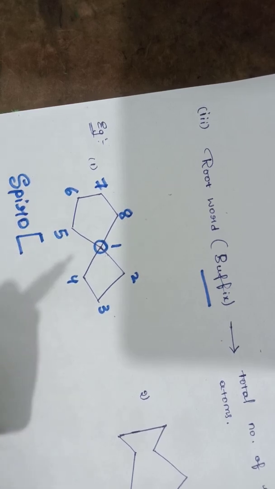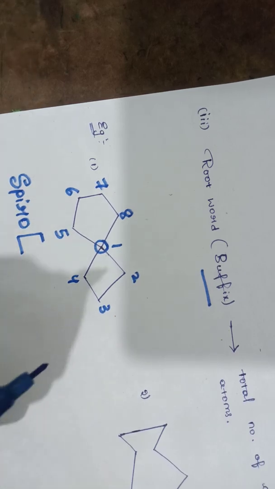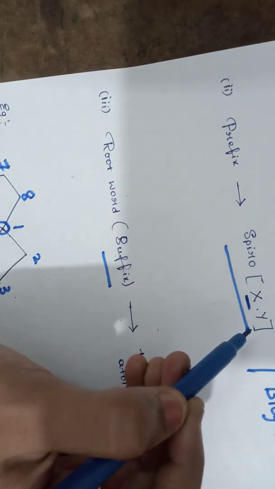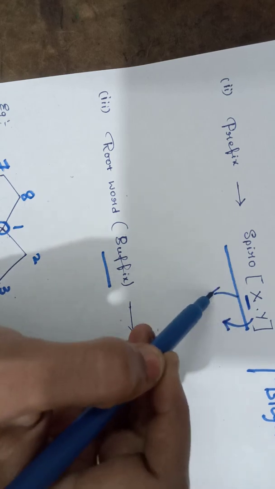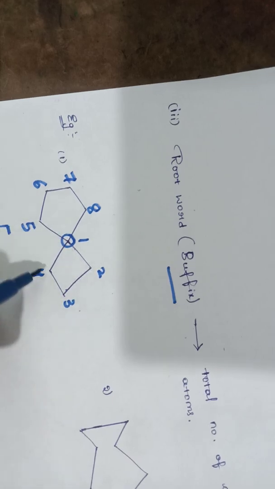Okay. Now it has to come out as spiro. What are X and Y? Other than the bridgehead carbons, the leftover carbons in the shortest and longest string. First X has to be the shortest string carbons other than bridgehead carbons. Y means leftover carbons other than bridgehead carbons. Okay, in the shortest string other than this bridgehead carbon we are having 3 carbon atoms. 3 dot.